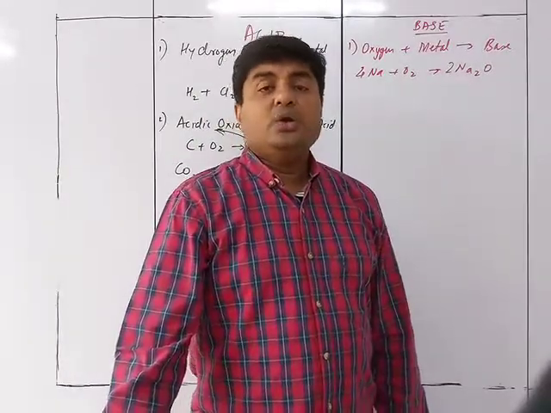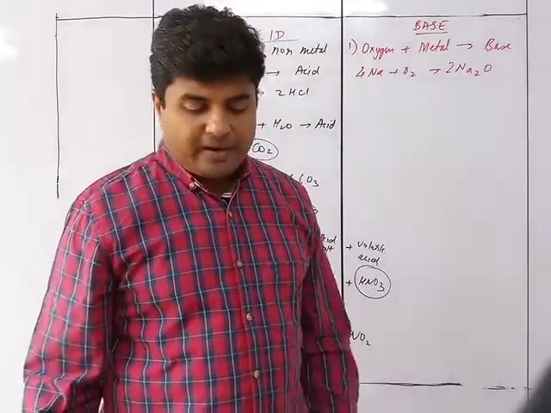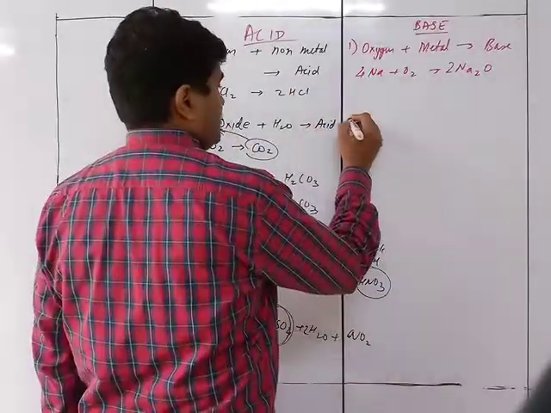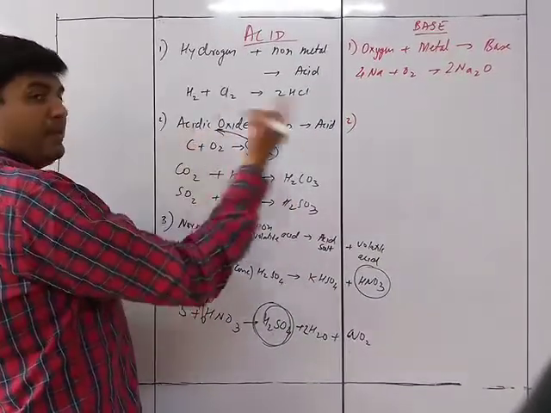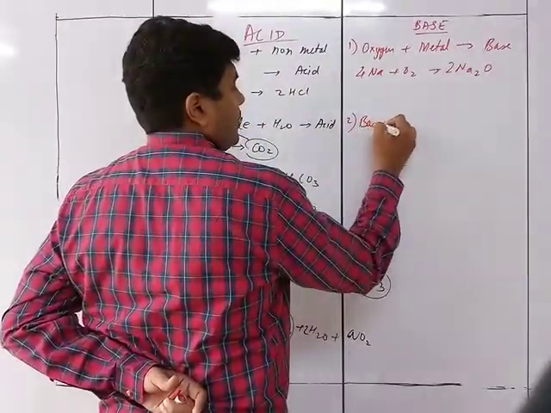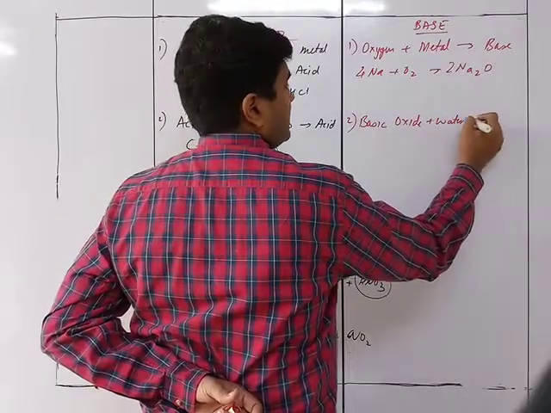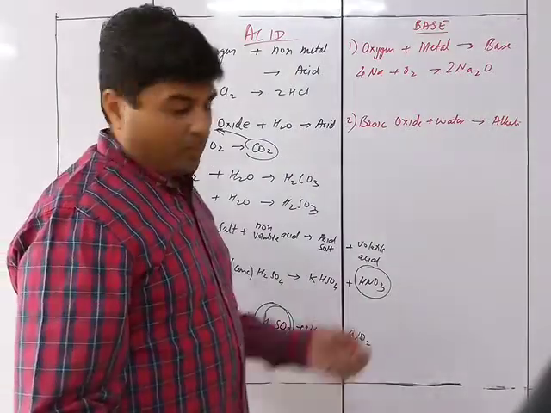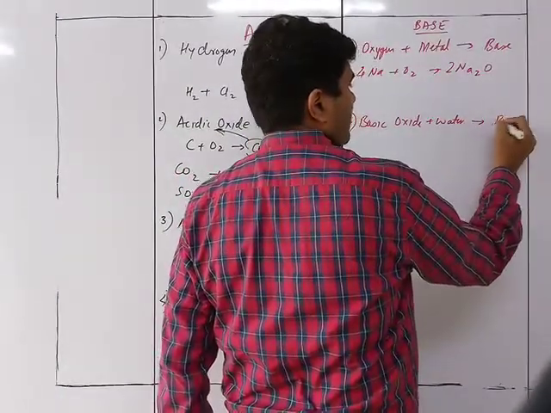When you see any basic oxide, when it reacts with water, it is going to become an alkali. The next one is exactly similar to this. Here there was an acidic oxide, there it is basic oxide with water. So it is going to be basic oxide plus water giving me an alkali. Or you can just write base over here, not to confuse yourself right now about the base and alkali.